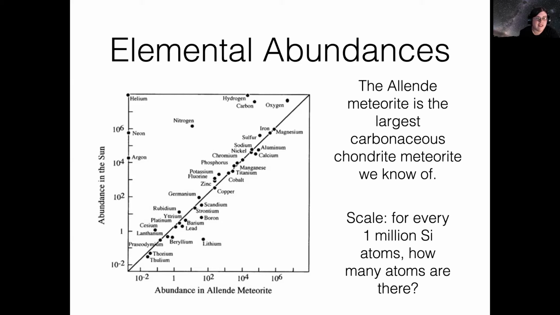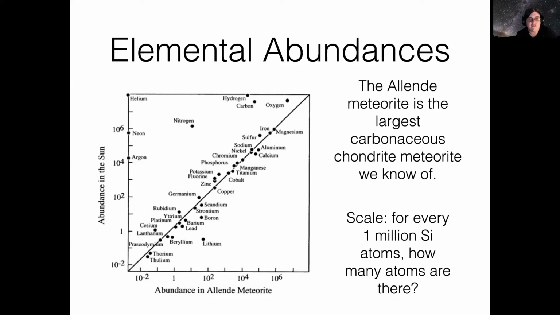And one of the interesting things is the ones that don't fall on this line are ones that we'd expect not to. If you look at the ones that are more abundant in the sun than Allende, we've got argon, neon, helium, nitrogen, hydrogen, carbon, oxygen.